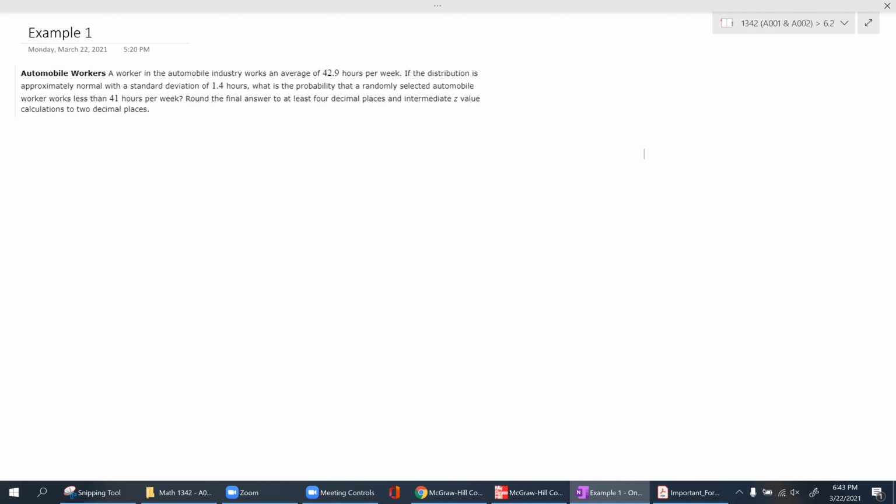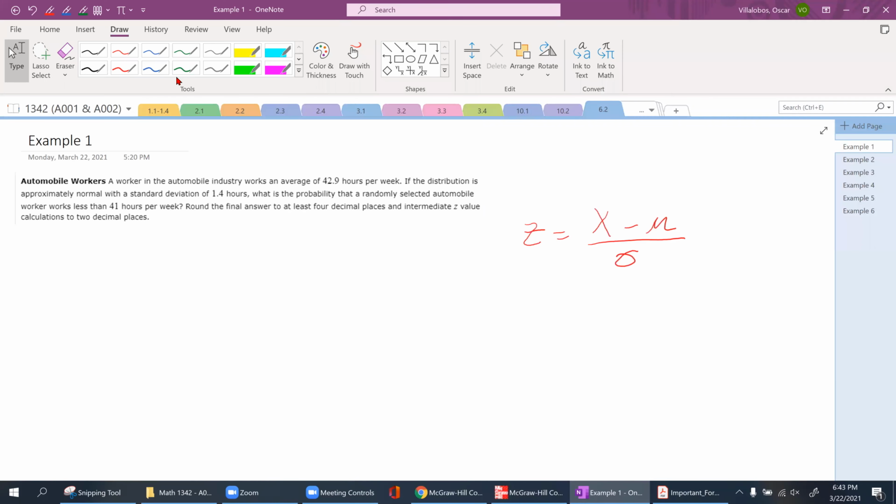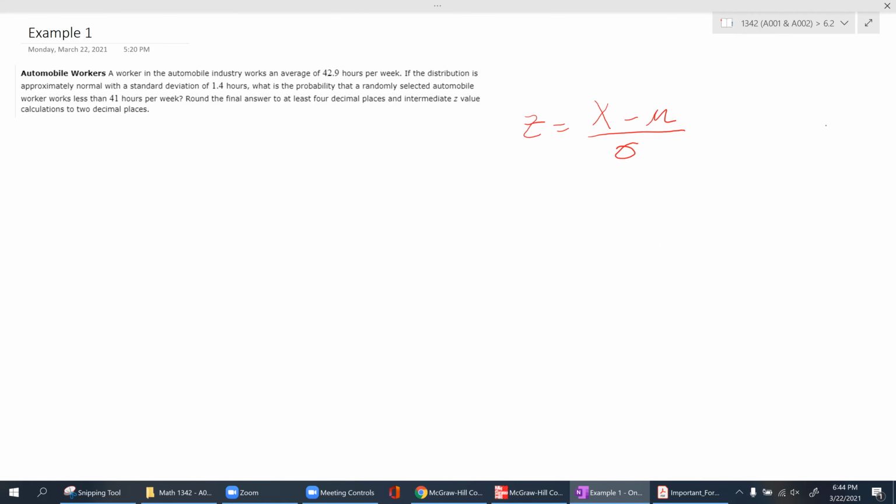The formula we've been using is z equals x minus mu over sigma. This entire section is a continuation of that, but with real-world applications, with word problems. It's going to be the exact same idea.